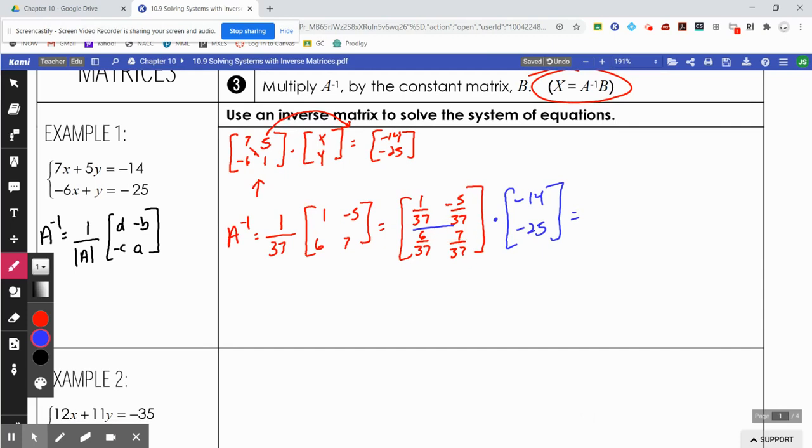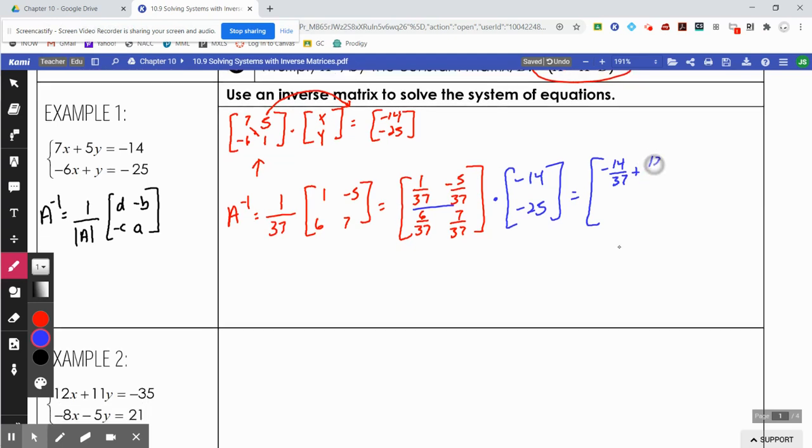So we multiply row times columns. The first row times the only column is going to be -14 over 37 plus a negative times a negative is going to be a positive, and you've got 125 over 37. And whenever you calculate that, that's going to be 111 over 37, which is 3.